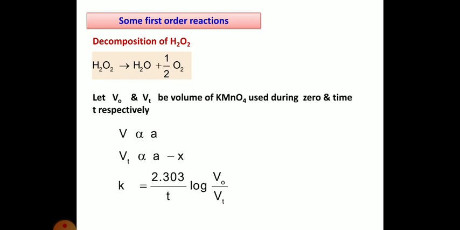Once we have taken the value of 2.303, at that time you have to take the log to the base 10. So the concentration of that particular species at 0 and at time t will be like this.